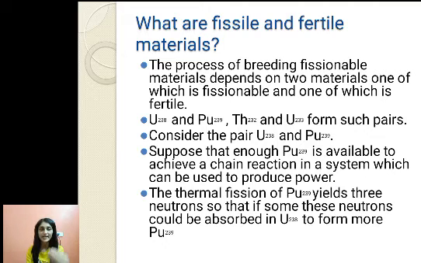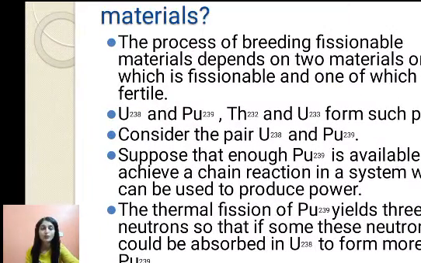What are fissile and fertile materials? The process of breeding fissionable material depends on 2 materials, one of which is fissionable and one of which is fertile. Uranium-238 and plutonium-239, and thorium-232 and uranium-233, form such pairs. Consider the pair of uranium-238 and plutonium-239. Suppose enough plutonium-239 is available to achieve a chain reaction in a system which can be used to produce power.